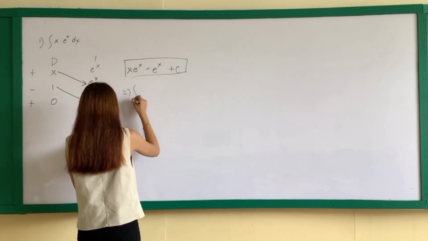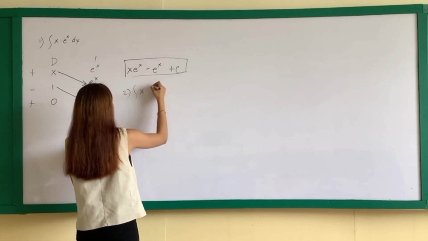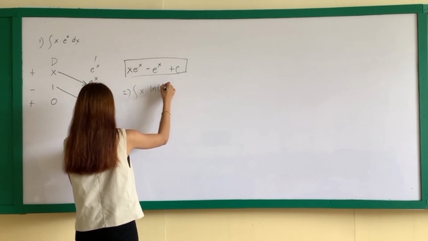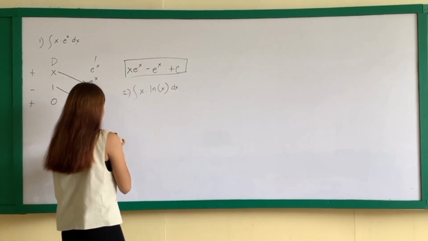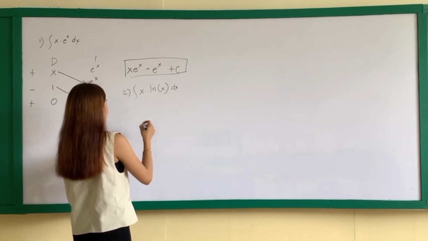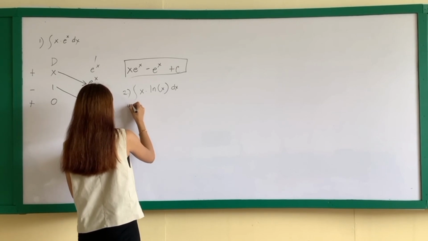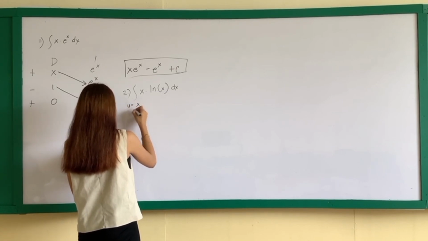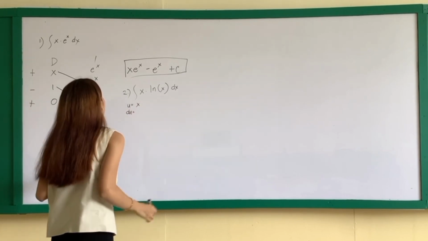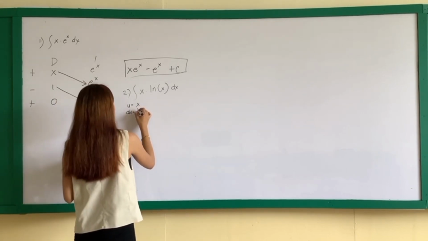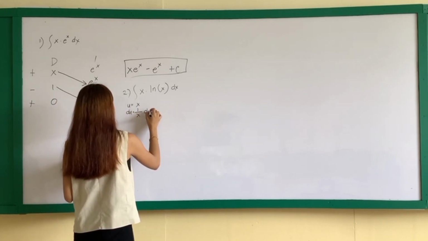the integral of x ln x dx. First, we need to choose u. So our u is ln x, and the du is, we all know that the derivative of ln x is 1 over x dx.